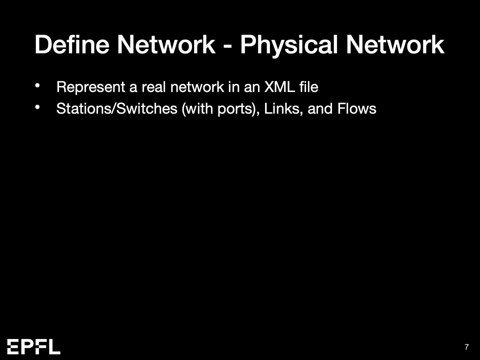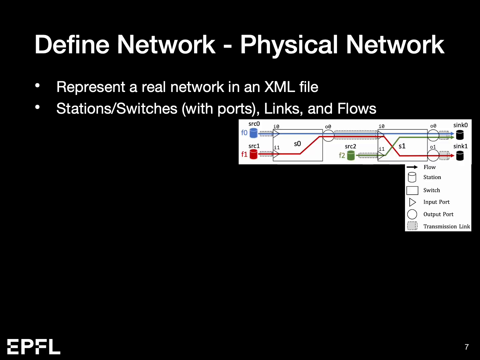So the first thing you need to do to use Saihu is to define the network of your interest. The physical network format is the first option you can choose to define your network. It allows you to represent a real network with physical devices, links, and flows, all by one XML file. For example, say we want to define this network. It has several devices connected by transmission links. The data flows are labeled from F0 to F2 here.